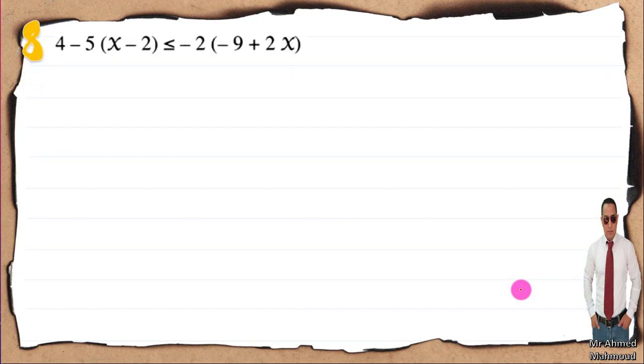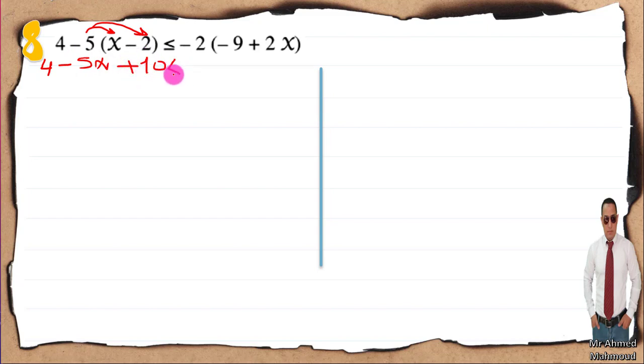Number 8. In this case we have two sides and we have a bracket on the left and a bracket on the right. So I'm going to evaluate the brackets first. Okay, so I'm going to write down 4, negative 5 times x and negative 5 times negative 2. Negative 5 times x equals negative 5x. Negative 5 times negative 2 equals positive 10, less than or equal negative 2 times negative 9 equals positive 18.